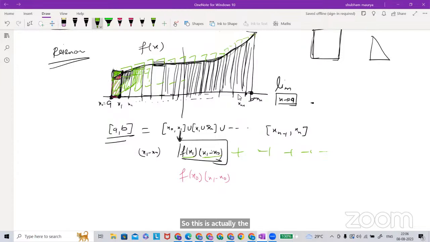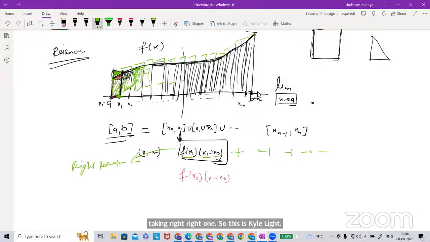Yes, sir. Okay, so let me write the formula now. I hope the formula will be very much clear now. See, if you are taking the right side with respect to this figure, this is called the right Riemann sum.